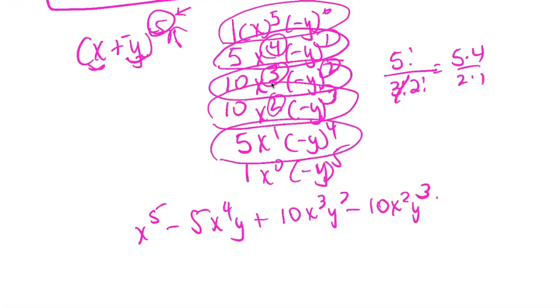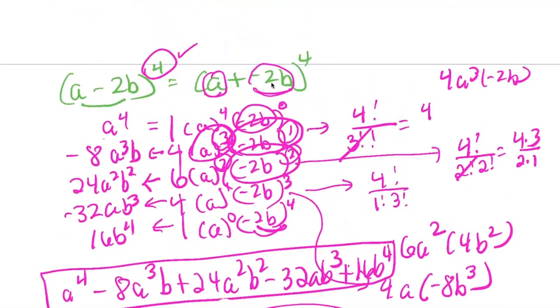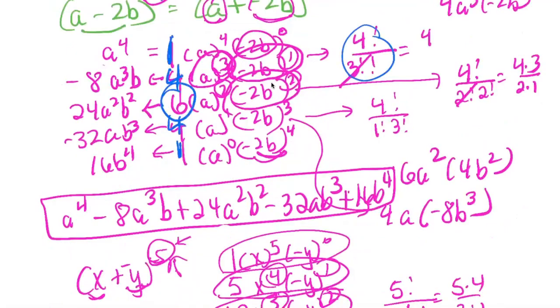Gives me a positive 5x y to the 4th and ends with a minus y to the 5th. So notice here my lead coefficients on this one, as I worked them out, the 4th power, the first 2 will be 1s, and then these will be 4s. You maybe only have to figure out that one.